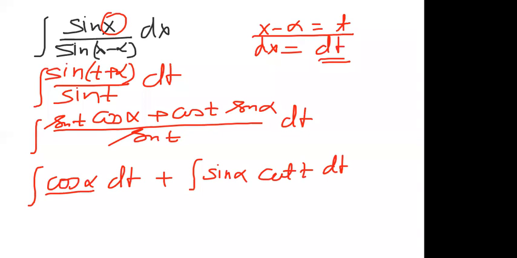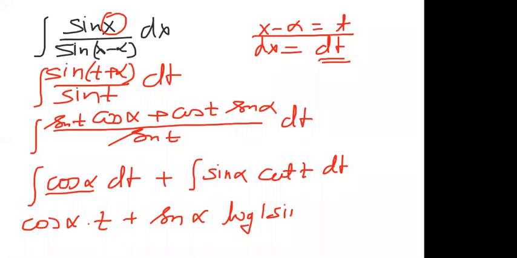Now cos alpha is a constant, so we integrate only 1, which gives t. Sin alpha is again a constant, so I'm taking it out. The integral of cot t is log mod sin t plus c. Now the value of t we need to put.